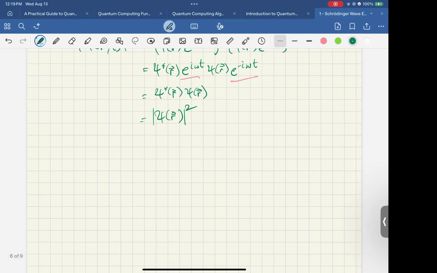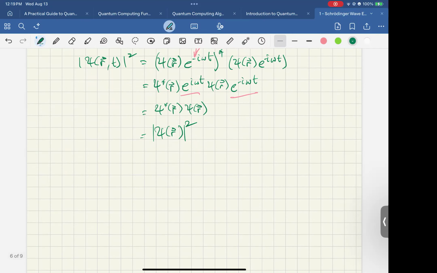So ganun din para sa normalization. Okay, normalization condition. For the time independent solution, for the time dependent solution, we have this equation.